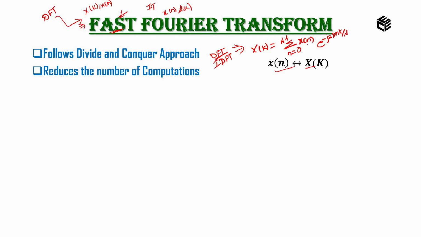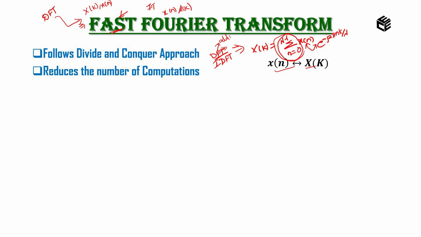So here we have a multiplication of two variables and also an addition of a number of variables. So the DFT follows both arithmetic operations, that is addition as well as multiplication. If there is a complexity, then the complexity will be in terms of addition and multiplication.